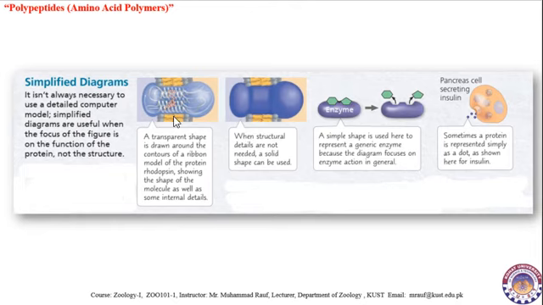This is the transparent shape of a protein, and it is made up of polypeptide chains. This is a rhodopsin protein, which is present in the eyes.